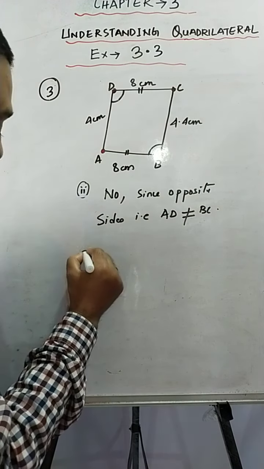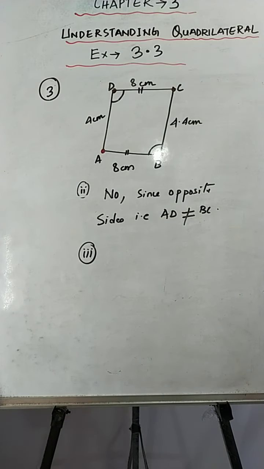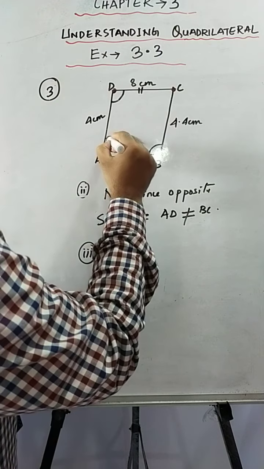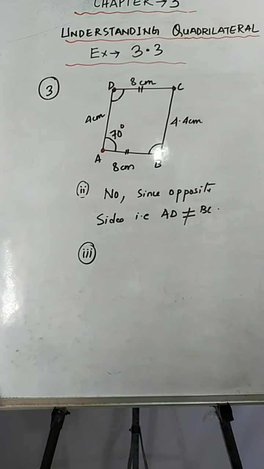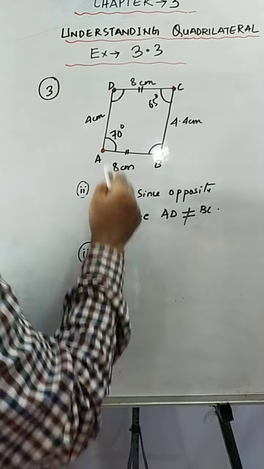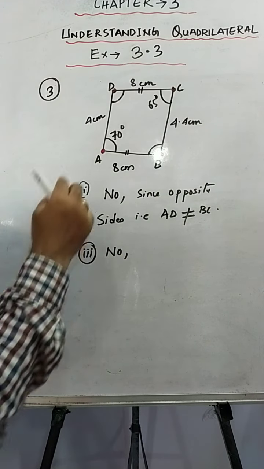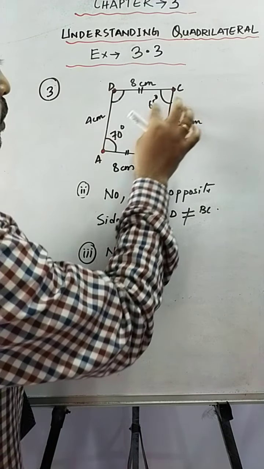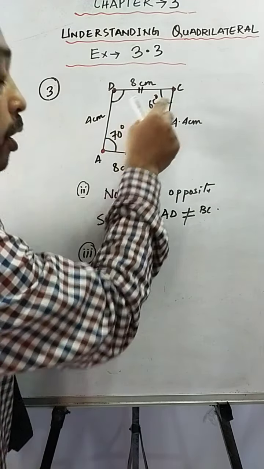Okay, now let's do sum number 3, students. Now what is sum number 3 given? Angle A they have given 70 degrees and angle C they have given 65 degrees. So will it be possible? No, again no. Why? As we know that in a parallelogram the opposite angles should be equal, but in this case the opposite angles are not equal to each other.